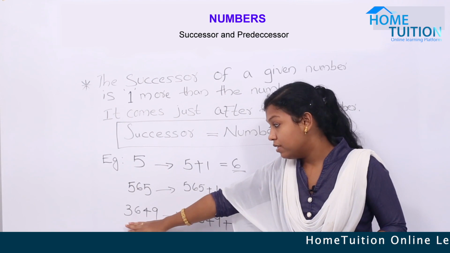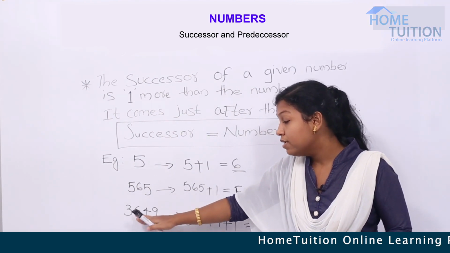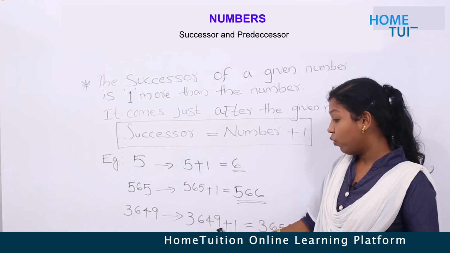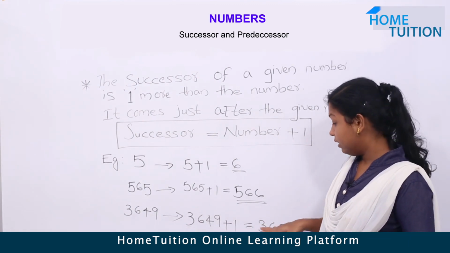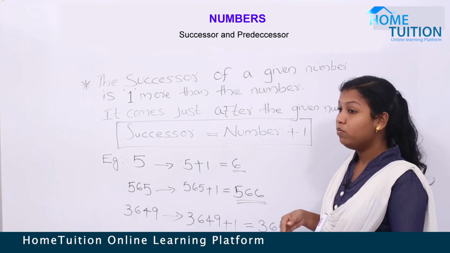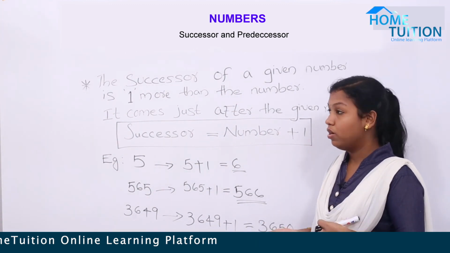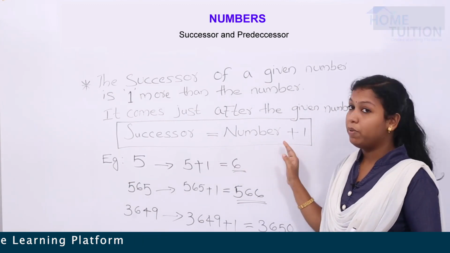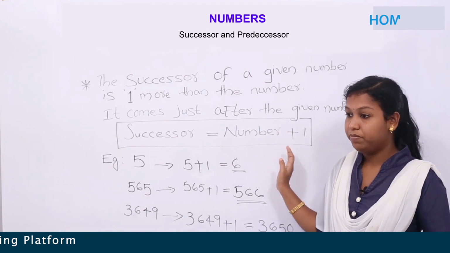Then the successor of 3649 is 3649 plus 1, that is 3650. It is the next number just after the given number.